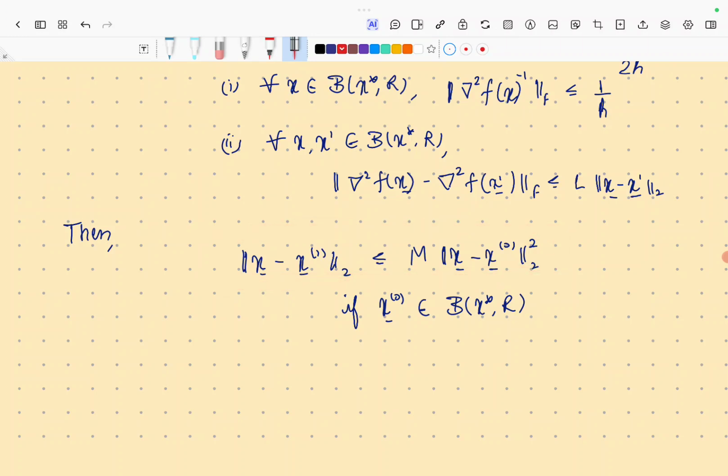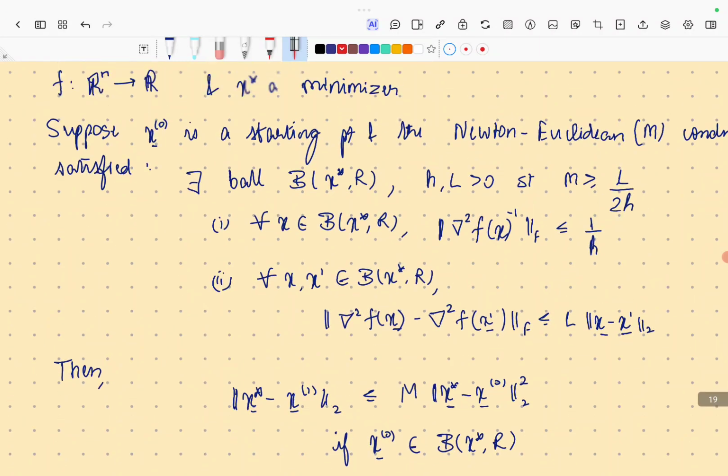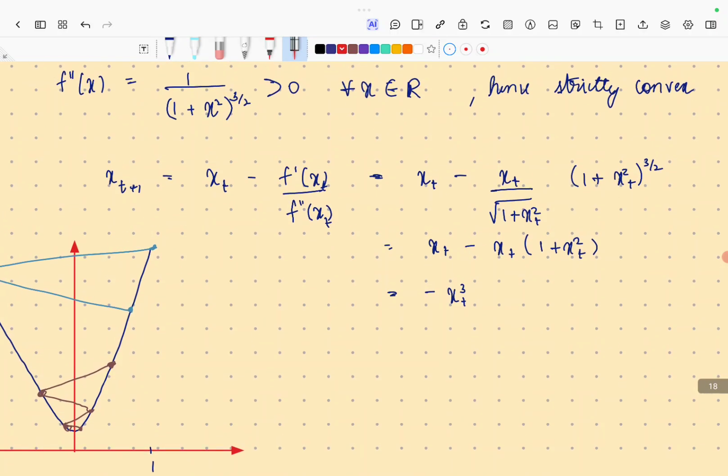in the first step, when you go from x0 to x1, x1 is guaranteed to be closer to x star than x0, and by how much? This is exactly by this much. We saw something slightly stronger in the previous example.